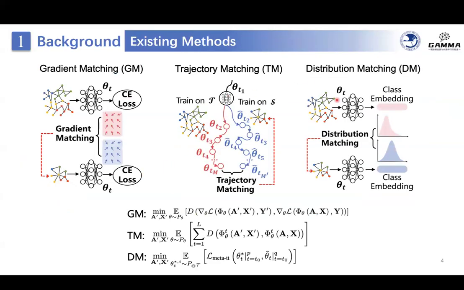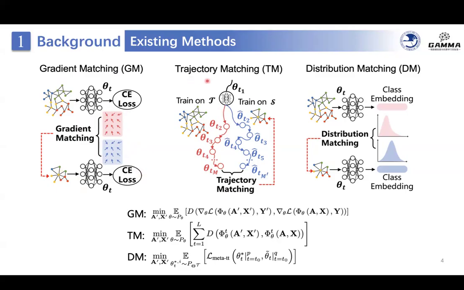And there are three traditional methods of graph distillation. The first one is gradient matching, which optimizes the synthetic graph by minimizing the discrepancy between the gradients computed on the raw and the synthetic graph.